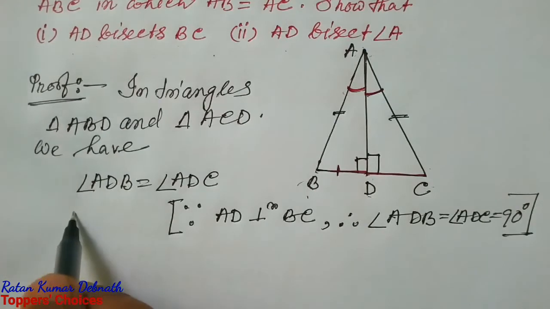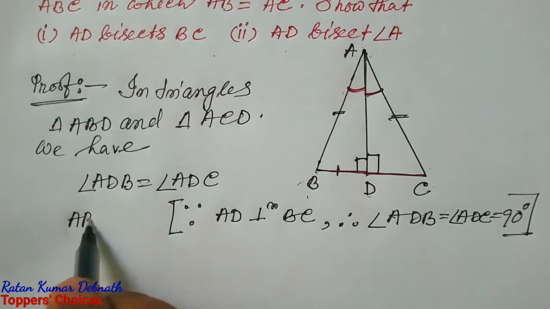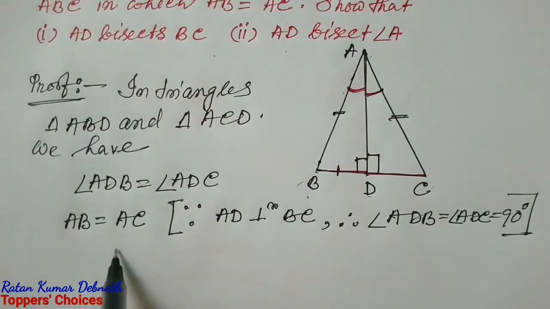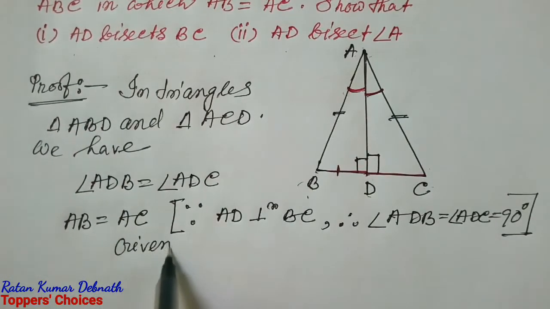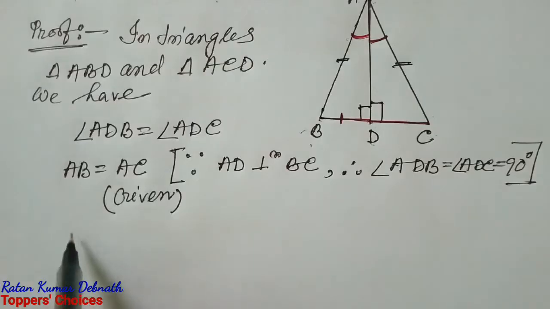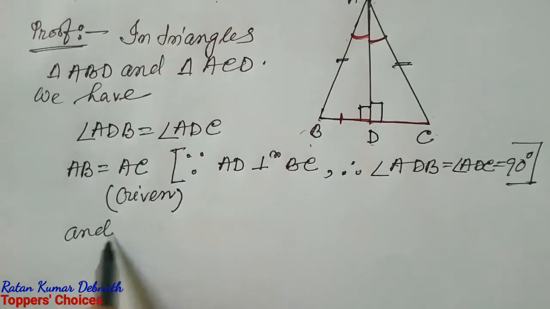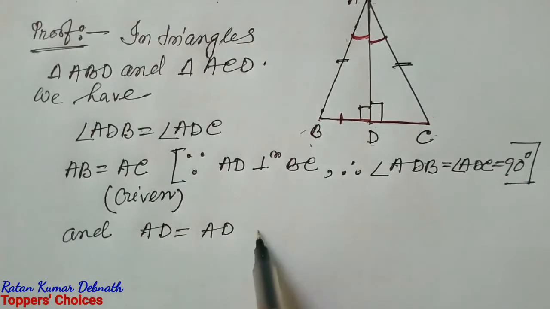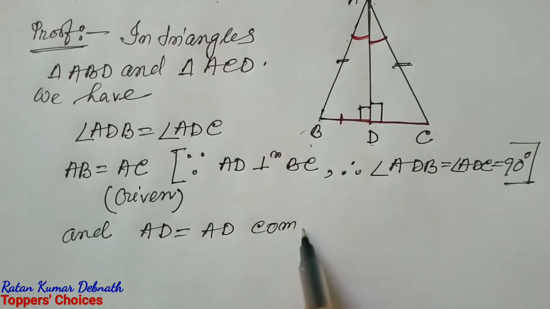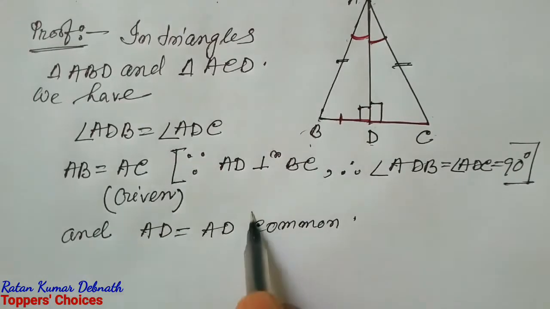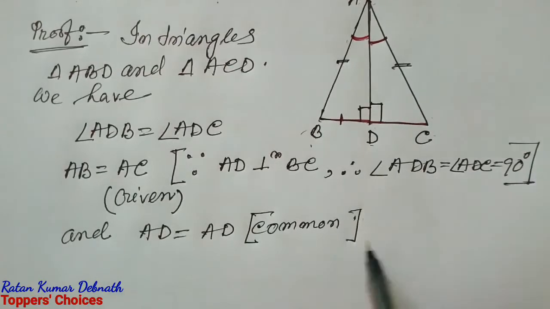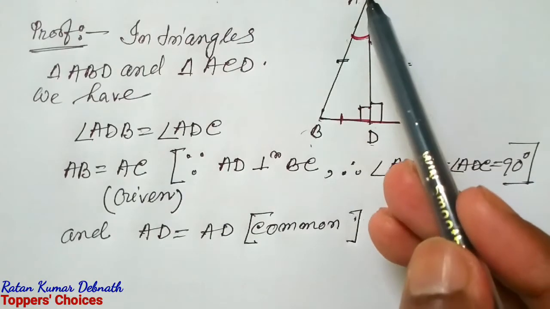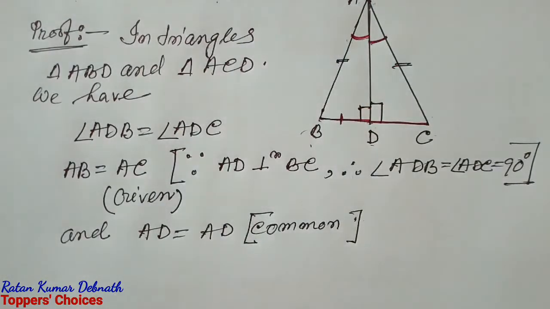And it is also given that AB equals AC, given, and AD equals AD, common. Side AD is common to both triangle ABD and ACD.